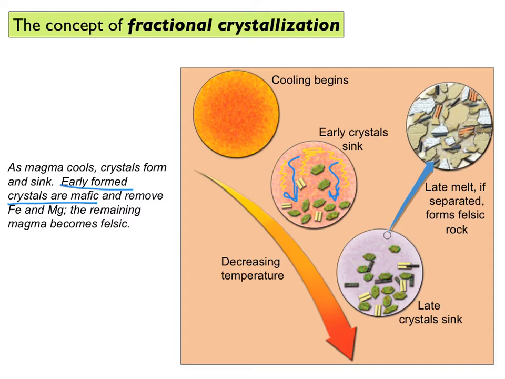If you were to take a straw and slurp out the stuff that I had shaded in yellow there, you would create a magma that was high in SiO2, because all of the Mg and Fe had been sequestered away by these green minerals down here.